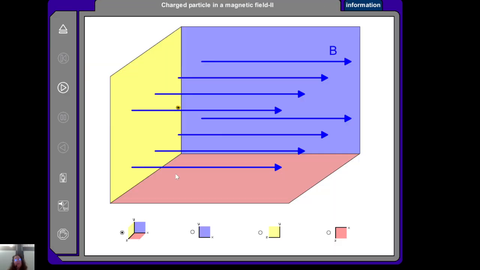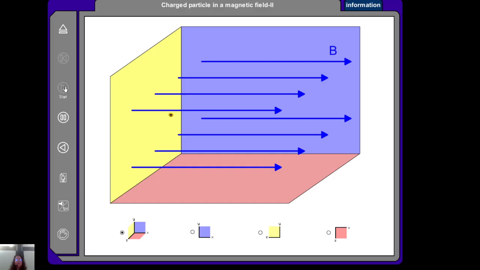Okay. So you have the magnetic field here. So the particle here has a velocity, but the velocity has two components. One which is perpendicular to B, but one which is along B. So it's going to do two motions at the same time. It's going to make a circular motion and a forward motion.